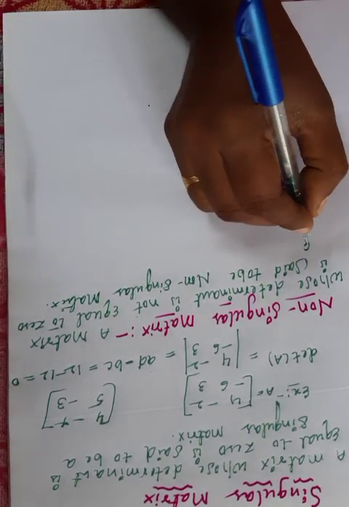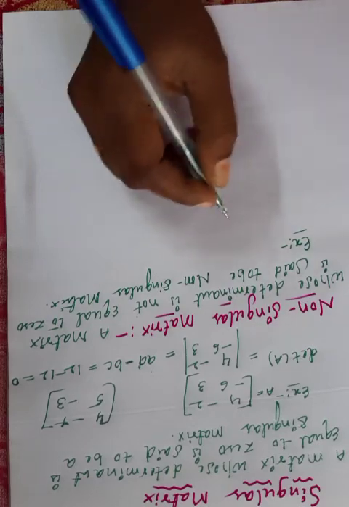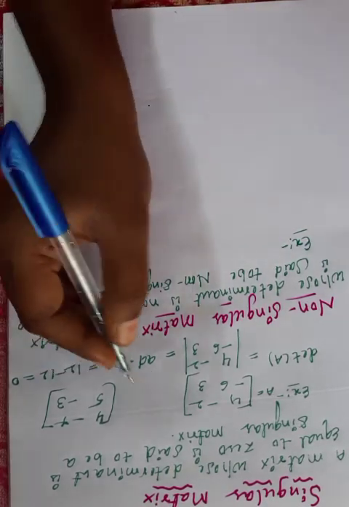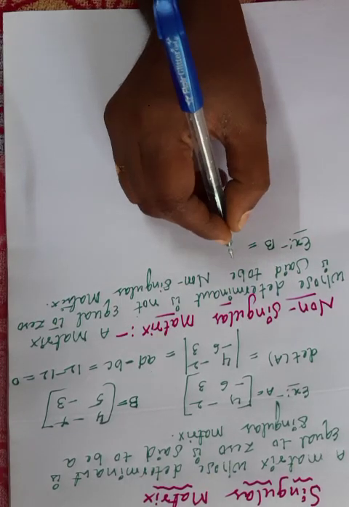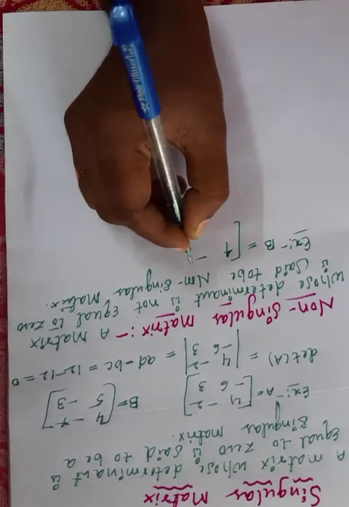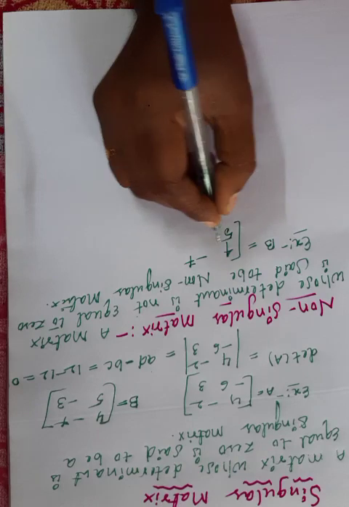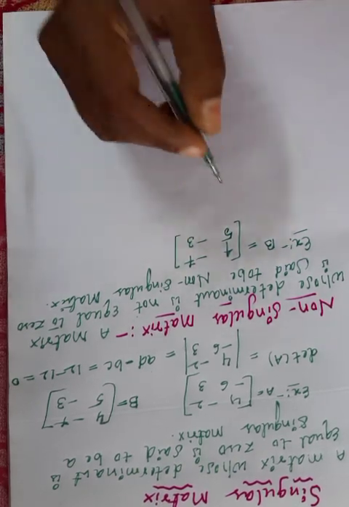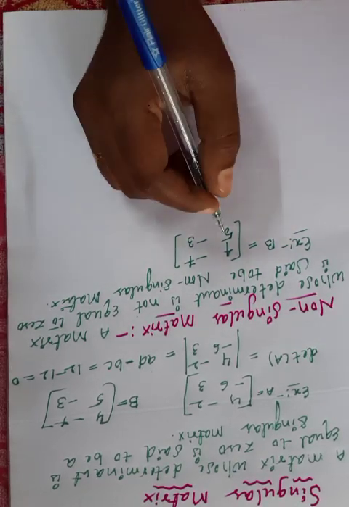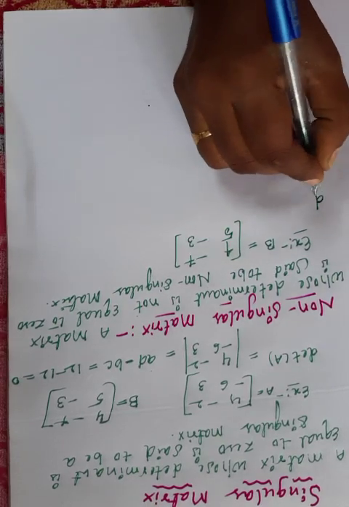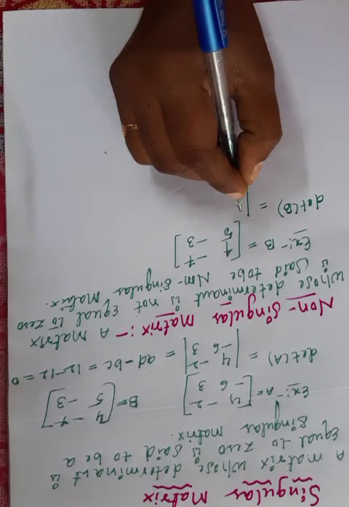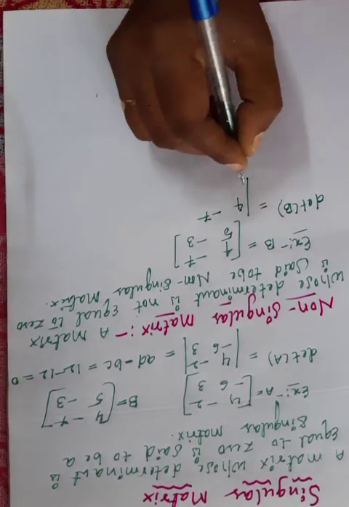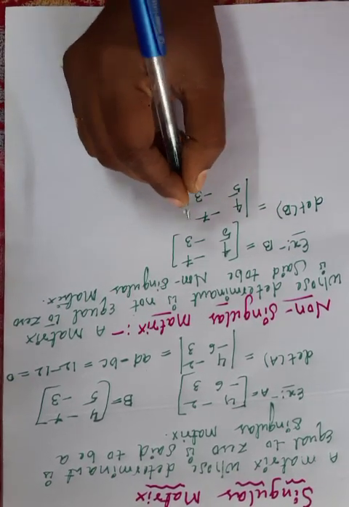For example, if you consider this matrix B is equal to [4, -7; 5, -3]. If you find the determinant value for the given matrix B, then det B is equal to mod of [4, -7; 5, -3].